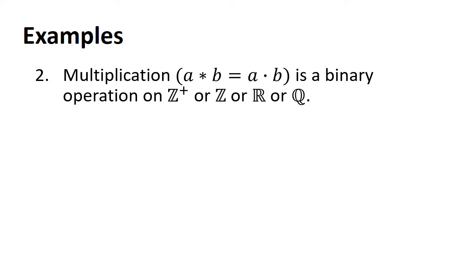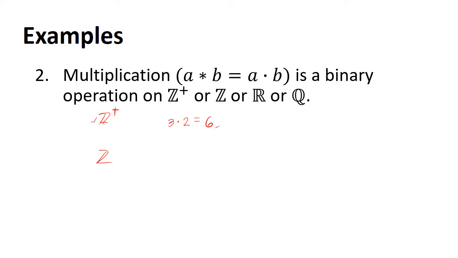For example, if we are working on the set of positive integers, if you multiply two positive numbers, you always get a positive number, right? Therefore, multiplication is a binary operation on the set of positive integers.